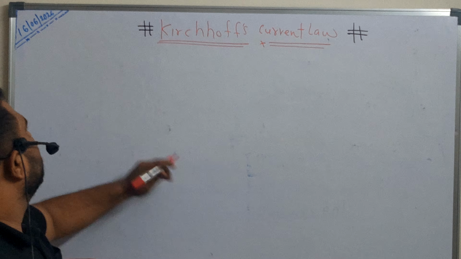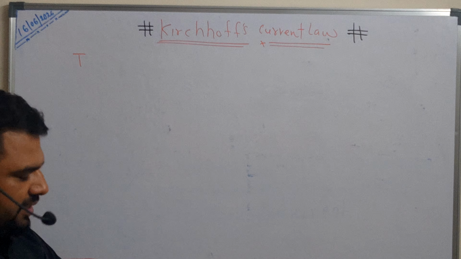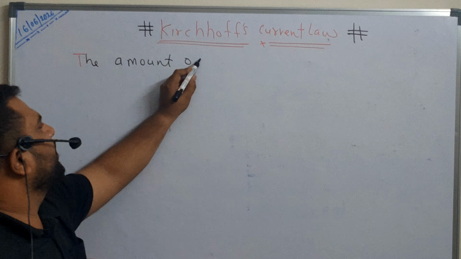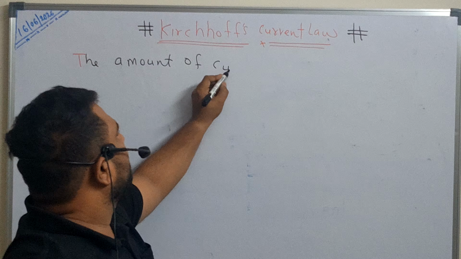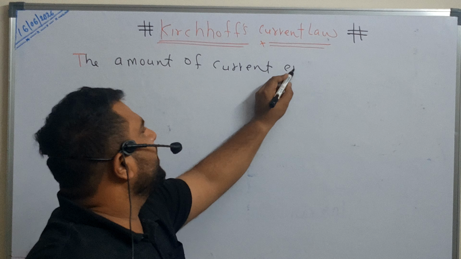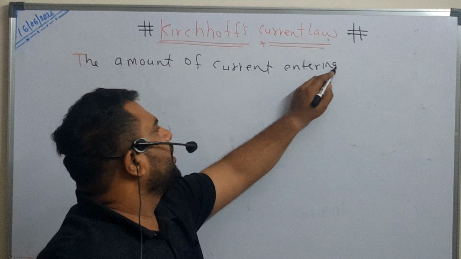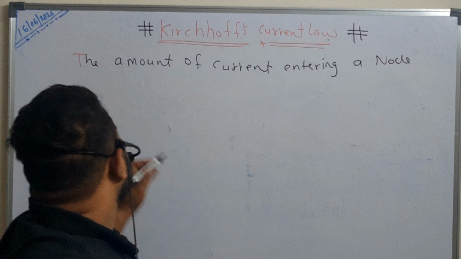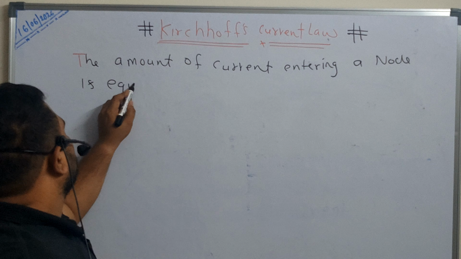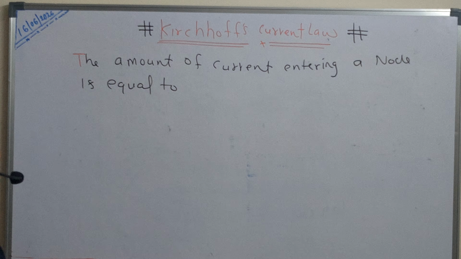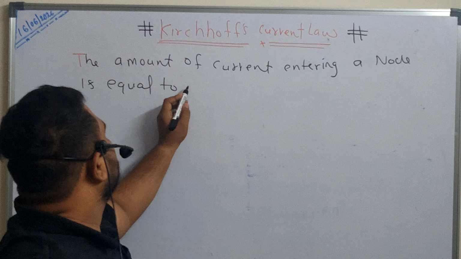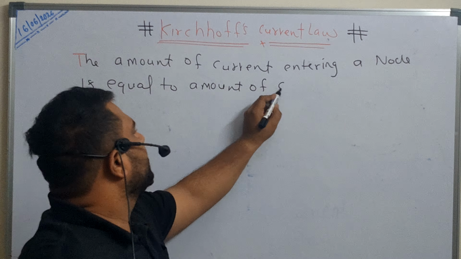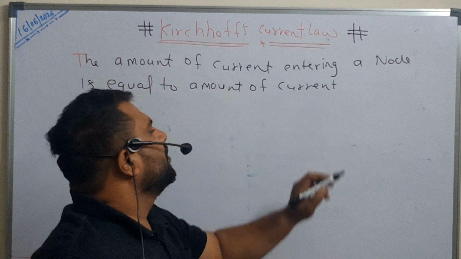Write down: the amount of current entering a node is equal to the amount of current leaving the node.